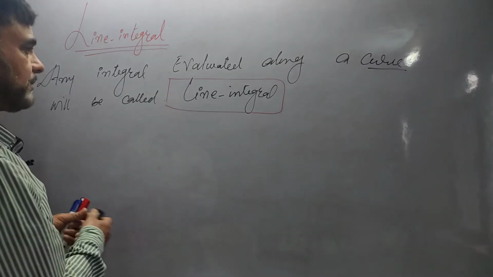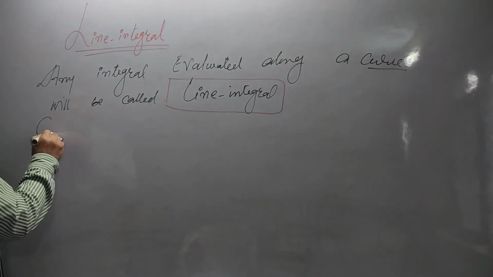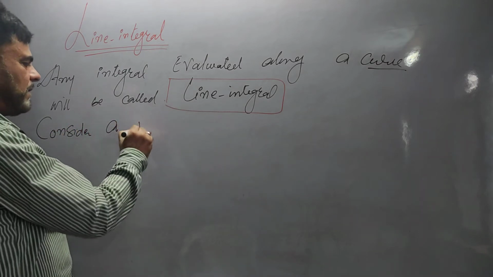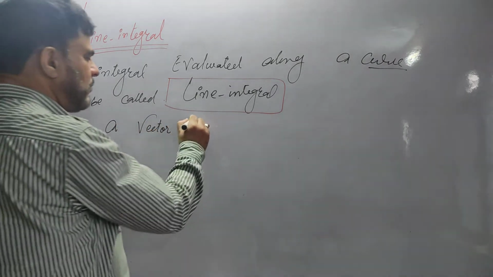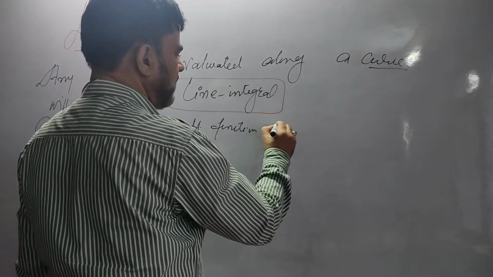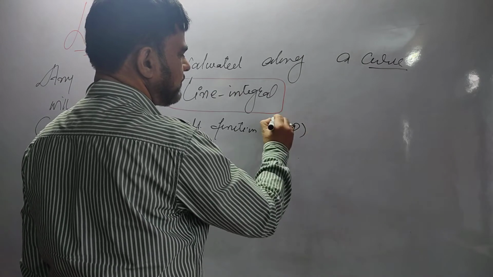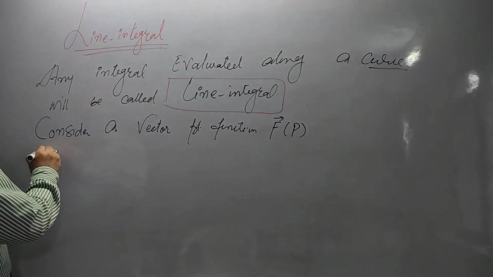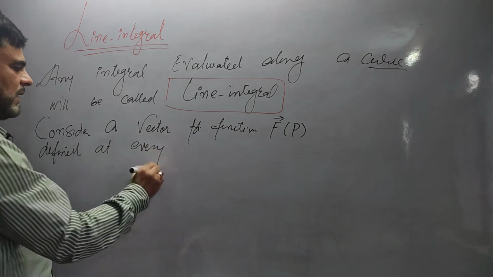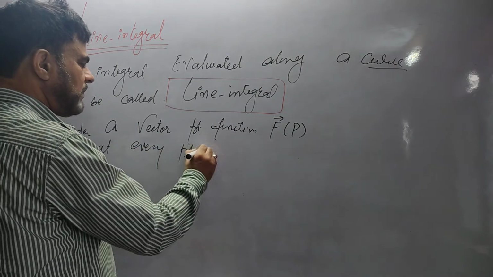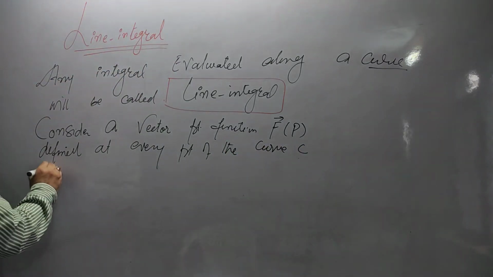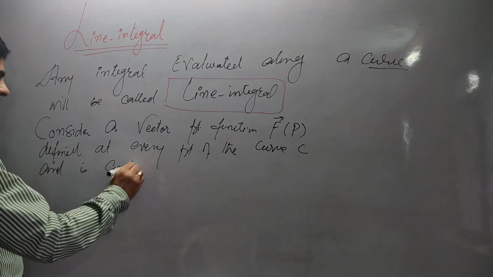We consider a vector point function, say f of P, defined at every point of the curve C and is continuous.